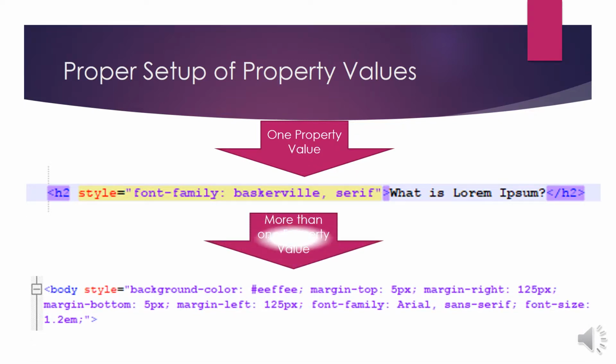However, if you look at the body tag, you're going to see that we have more than one property value.